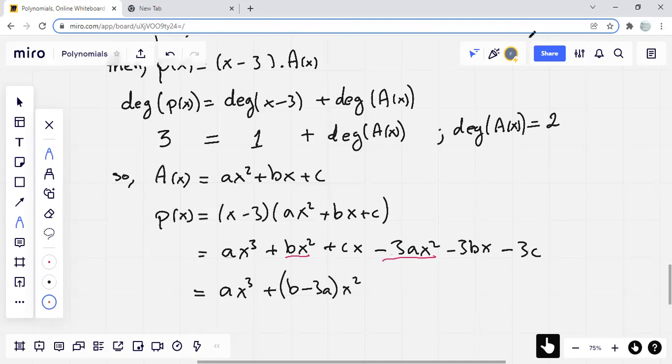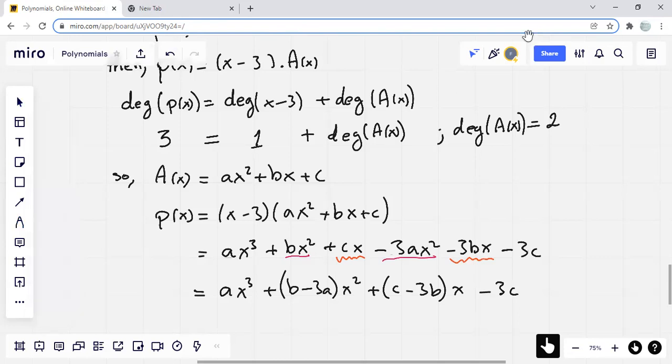We have here cx and minus 3bx. They are the only two terms having the x term, so we write plus, we open the parentheses, c minus 3b. These are the coefficients. Here the coefficient is c, here the coefficient is minus 3b. So we write the coefficients and we multiply them by x. And finally, minus 3c is the constant term.